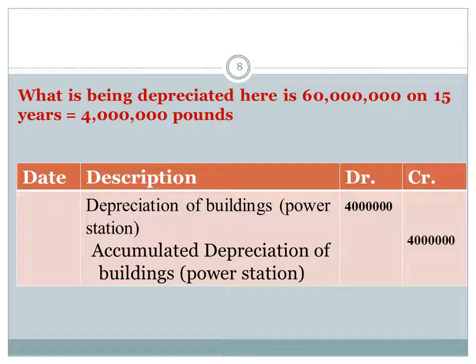We will divide 60 million by 15 years, so the depreciation will be 4 million per year. The entry will be depreciation of building power station 4 million in the debit side, accumulated depreciation of building in the credit side, 4 million.